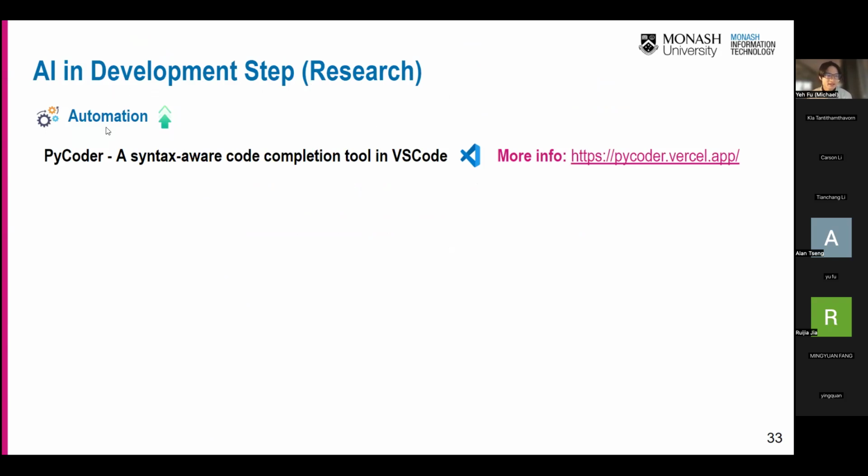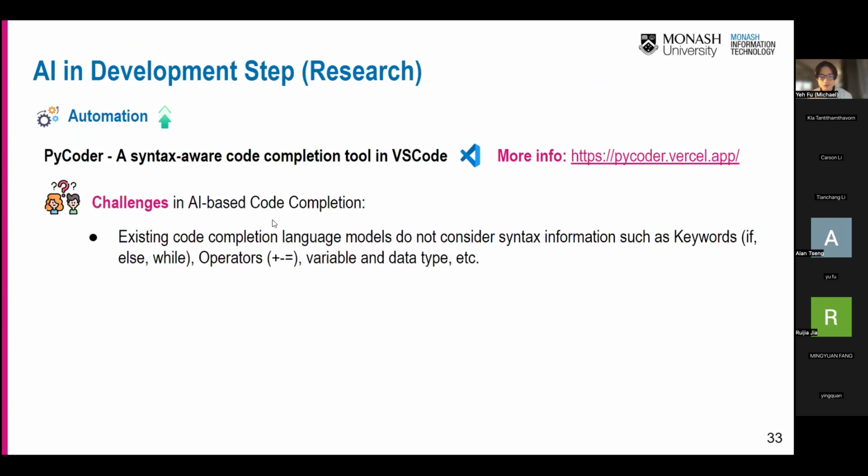The first one, this example, is for automation. This is a code completion model. It's called PyCoder, a syntax-aware code completion tool in Visual Studio Code. The challenge that this paper found is that the existing code completion language models don't consider the syntax information. For source code, different lines of code have different syntax information, such as keywords and operators.